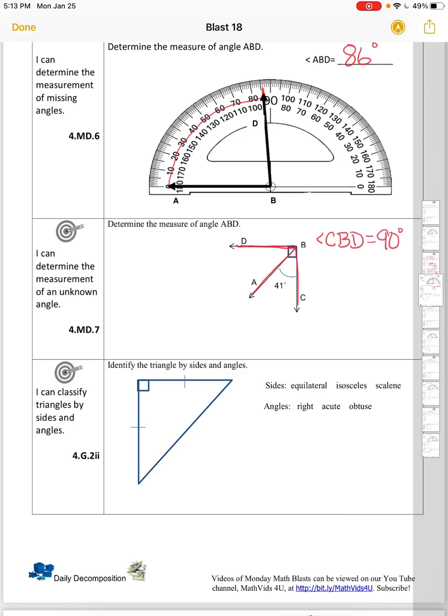And I know that angle CBD, that whole 90 degrees, minus the 41 degrees that were given, gives me angle ABD, the one we're trying to figure out. So with that in mind, let's say 90 degrees minus 41 degrees equals angle ABD. So what is 90 degrees minus 41 degrees? 49 degrees. So that is our missing angle, angle ABD.